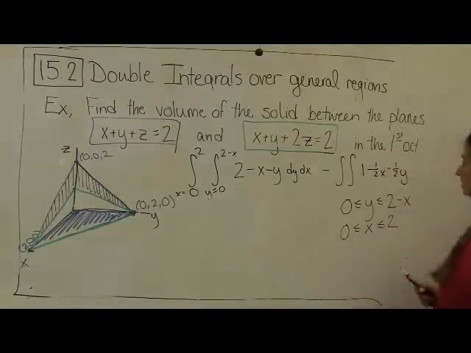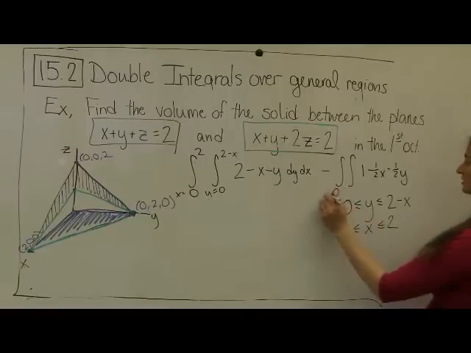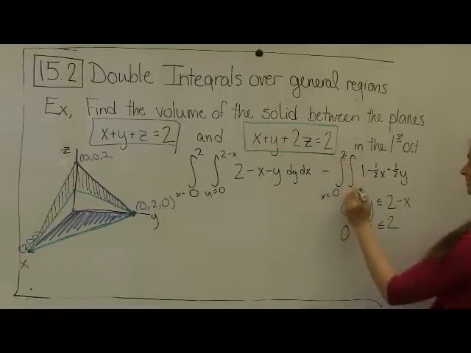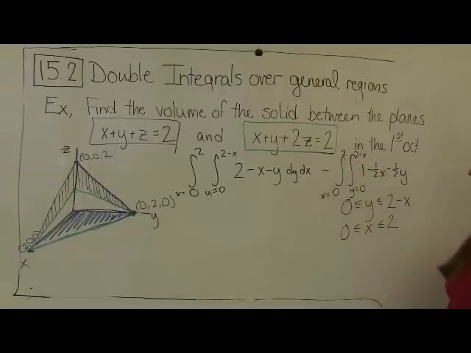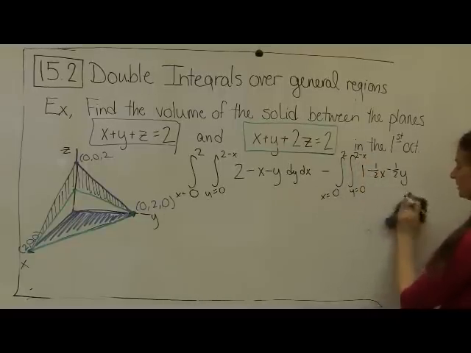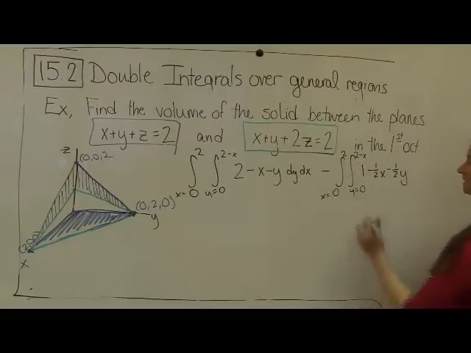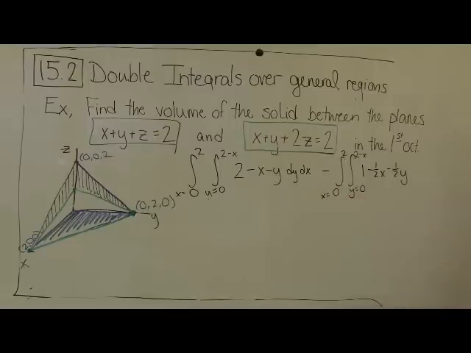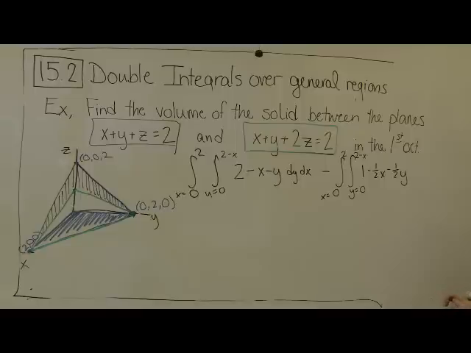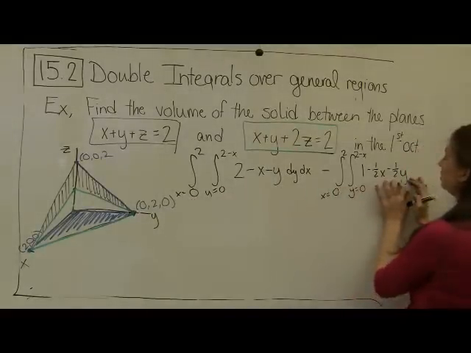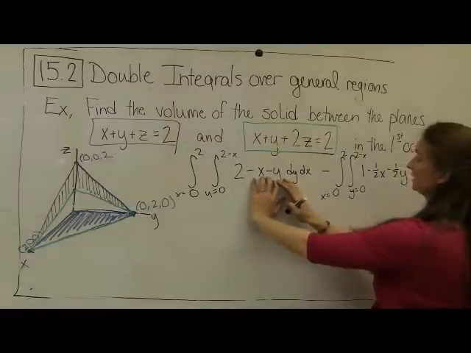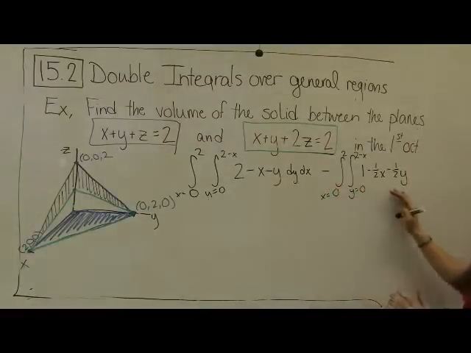On the triangular region, my x values are going from 0 to 2, and my y values are going from 0 to 2 minus x. If I were to compute all of these pieces, it would give me my final integral value. Notice that because the region of integration is the same, I could combine all of this into one single integral. And maybe it is easier for me to combine it.